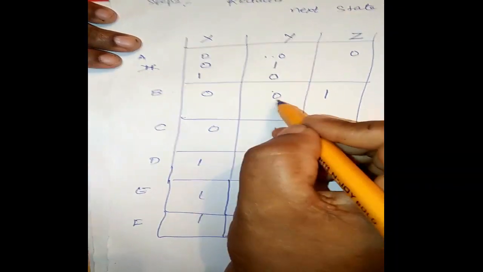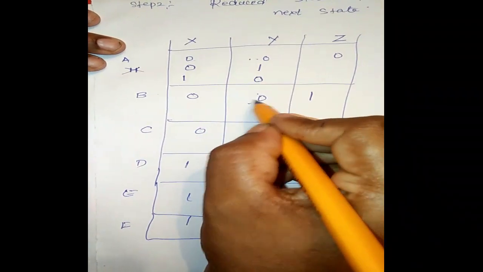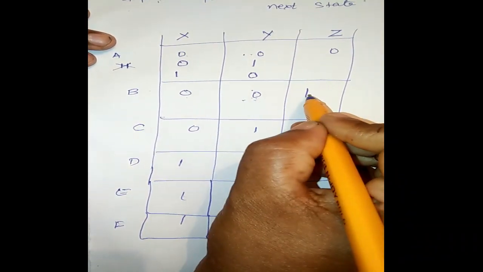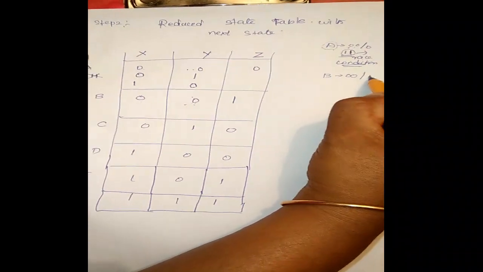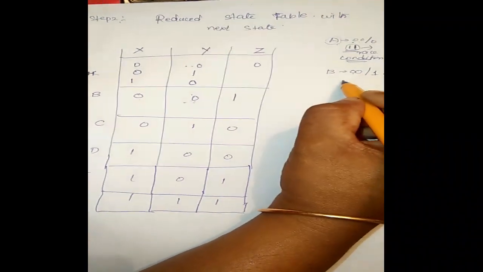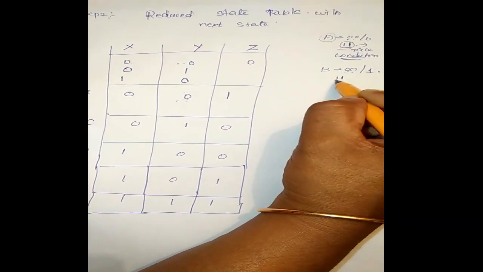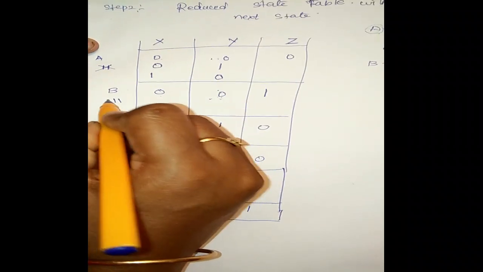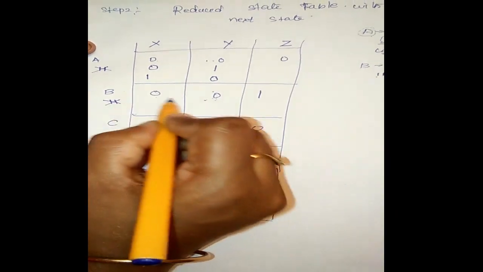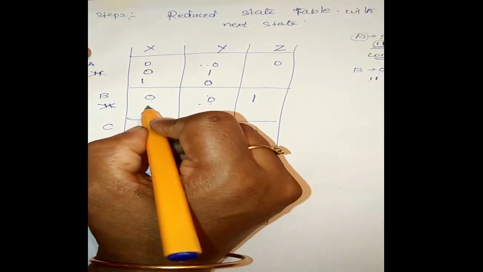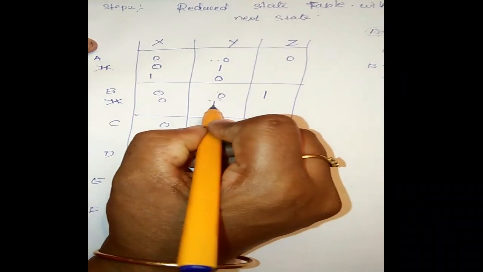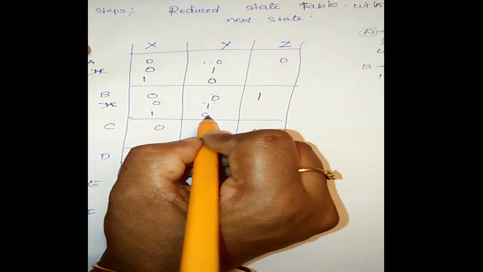Now come to my second state B. B's input is 0, 0 with output 1. So here again the race condition is 1, 1, right? Because I am changing two positions. So 1, 1 being the race condition, this cannot happen as an input. I can have only one bit change, so I can include 0, 1 and 1, 0.